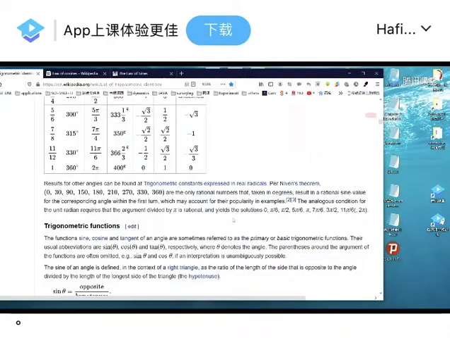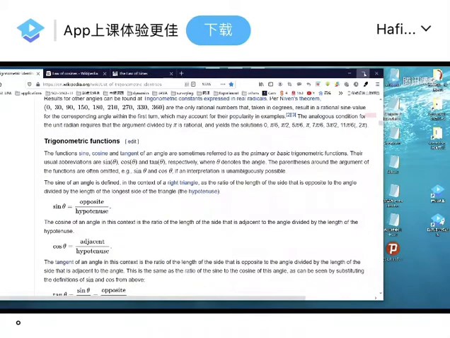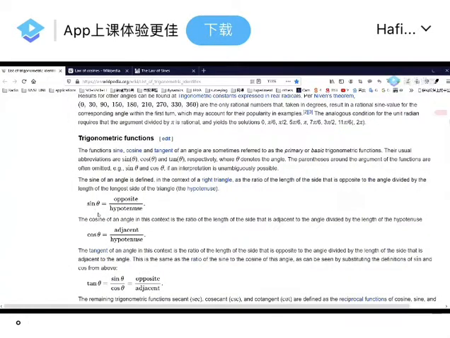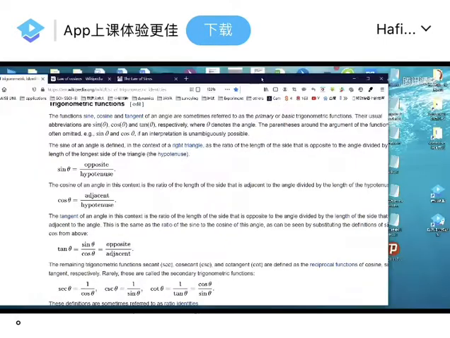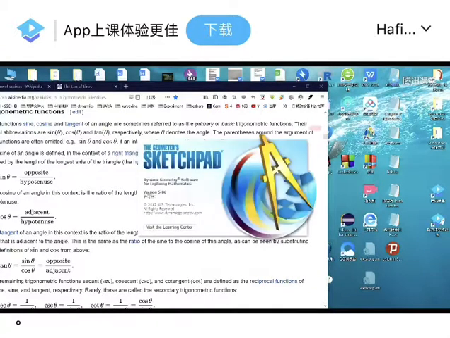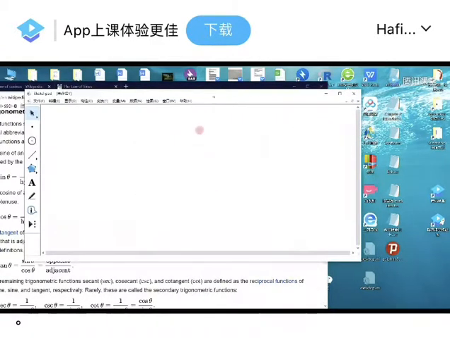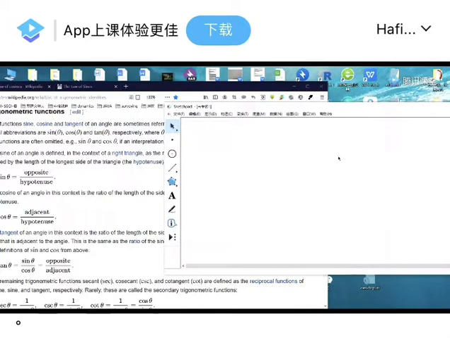Okay, let's continue. Of course, you know how to define sine theta and cosine theta. I don't know why I should tell you all this basic stuff, maybe I'm afraid you still don't know it. So this is a triangle.